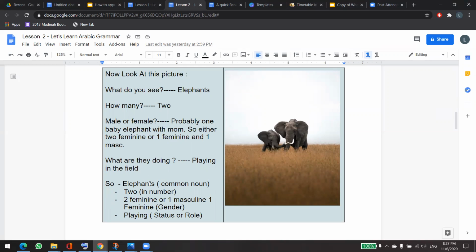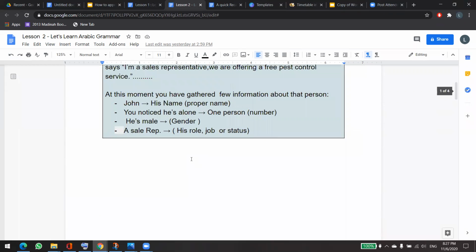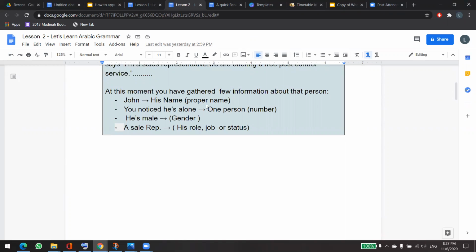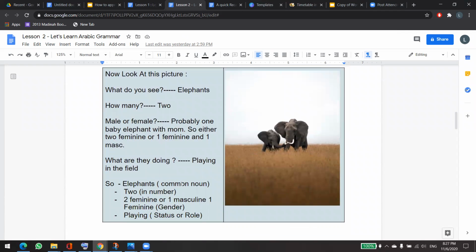They are elephants, but elephant is a common noun, right? In the previous example, his name was John, and that's a proper noun, right? So either a common noun or proper noun, the name of that ism.